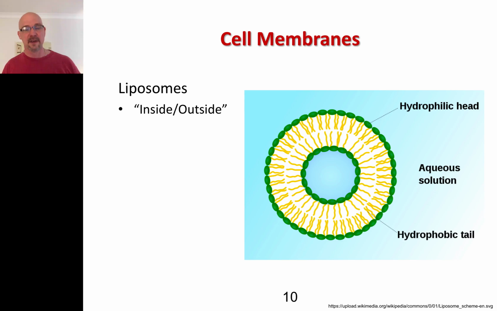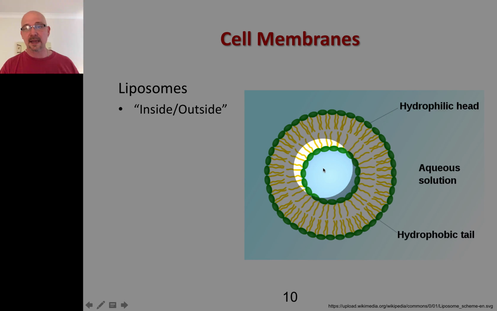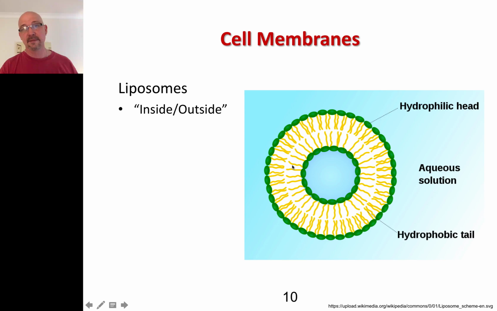Lipo means fat. So a fat body, a fat thing. And this, for the first time in sort of spontaneous creation of stuff in the history of the Earth, is when we had things that had an inside and an outside and a layer separating the inside and the outside. So liposomes are really important because evolutionarily, they were the beginning of cells.